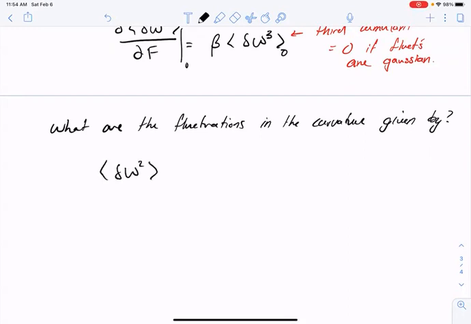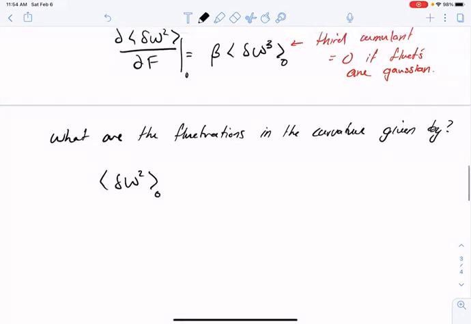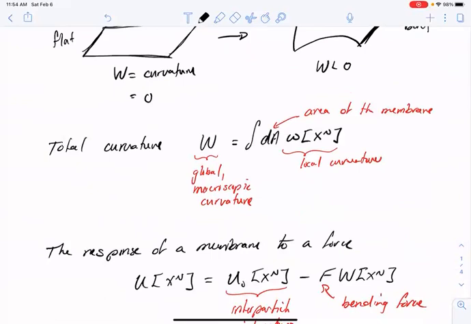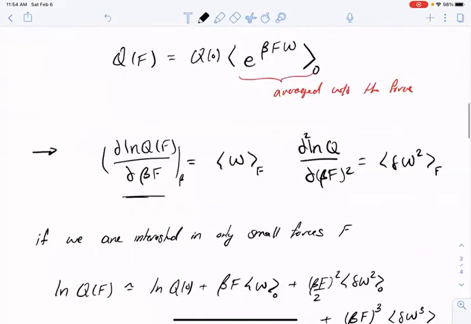Well, we could write out explicitly what that variance is, given all the way back up here our initial definition of the curvature as an integral over the whole area, the local curvature determined by the instantaneous configuration of our lipid membrane.